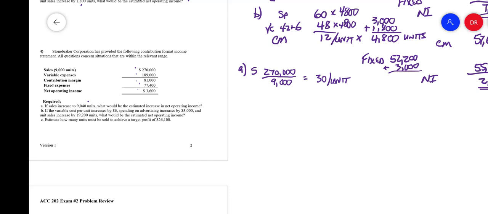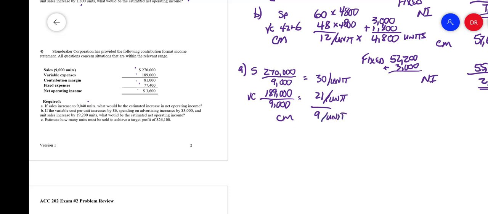Then we take the variable expenses, or variable costs, which are going to be 189,000, and we divide that by 9,000, and we're going to get $21 a unit. So that means our contribution margin here is going to be $9 per unit.